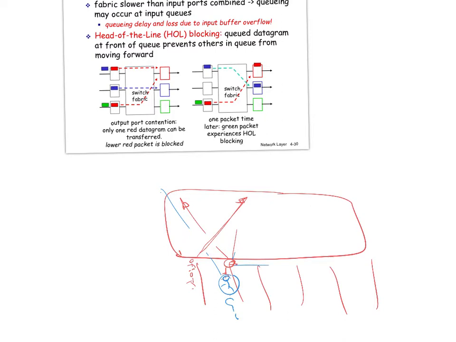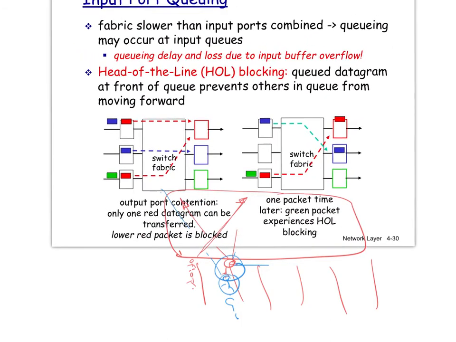If we could move this person aside and let the others in, they would go faster. But we can't, because it's a queue, unfortunately. A queue has a single input and a single output, so this person is blocking everyone behind. That's the concept of head of line blocking.